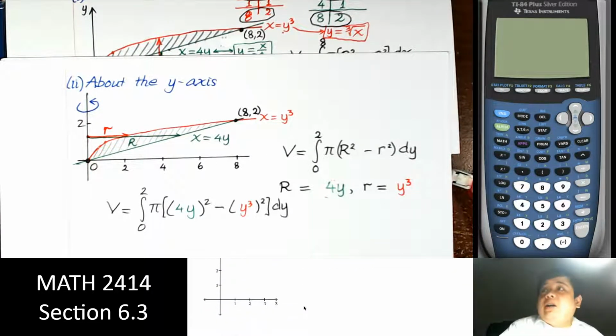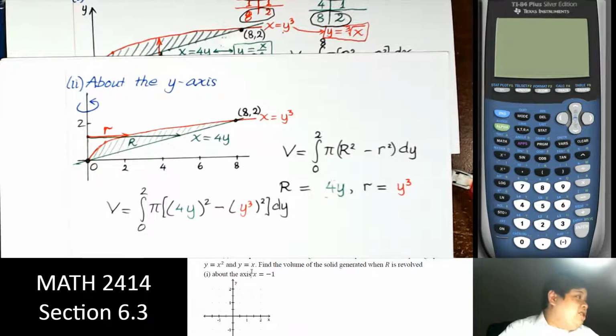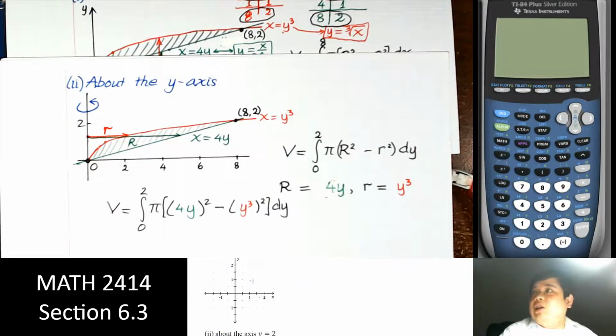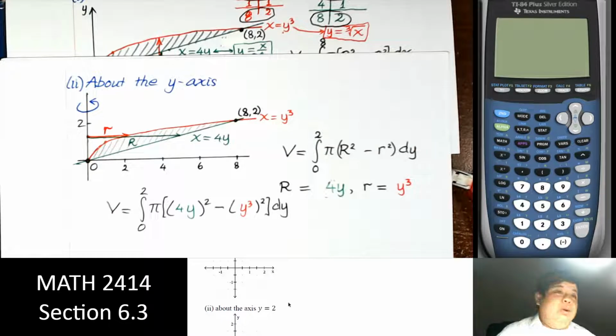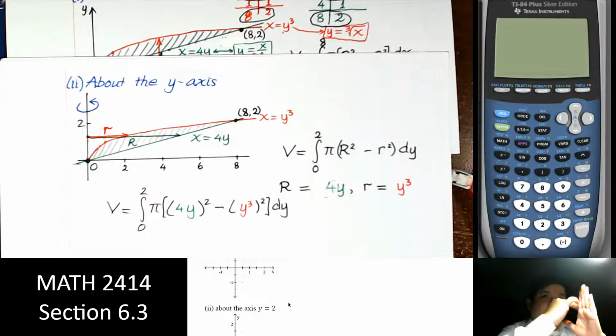Later on, we may rotate the region about any axis, like in this case we have to rotate about x equals -1 or y equals 2. So it's not the x-axis or the y-axis anymore, so we have to draw it in order to see. Bottom line is, if it is a vertical axis of rotation and we chop it along it, it's going to be dy.